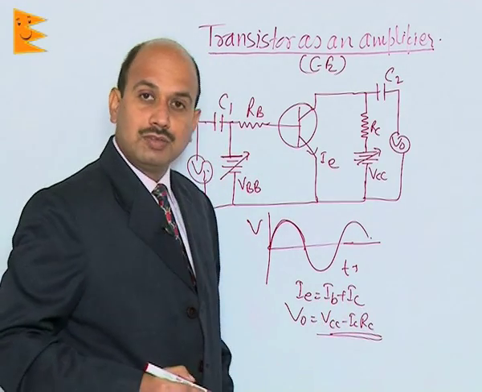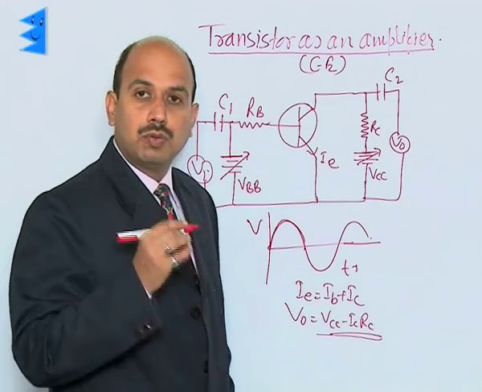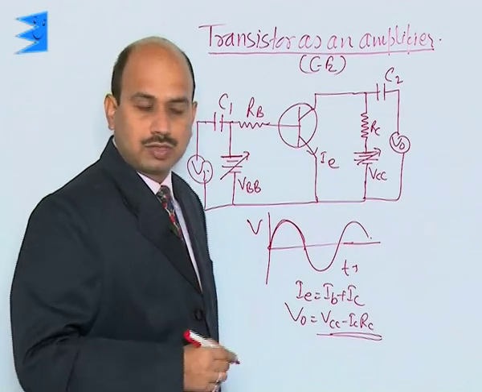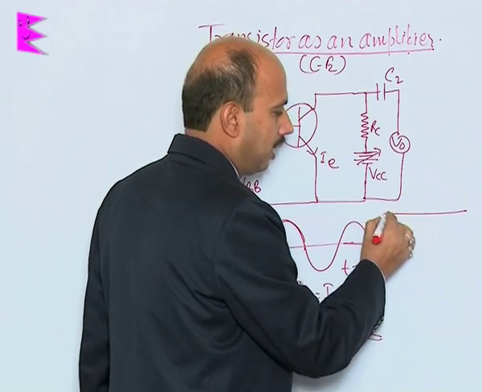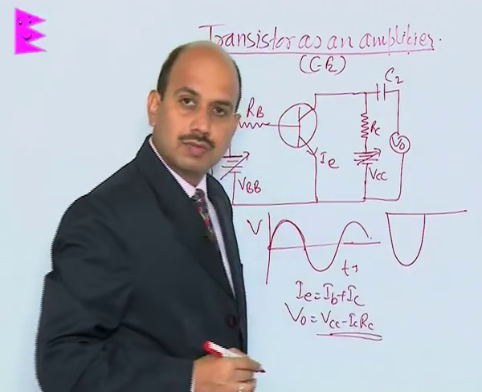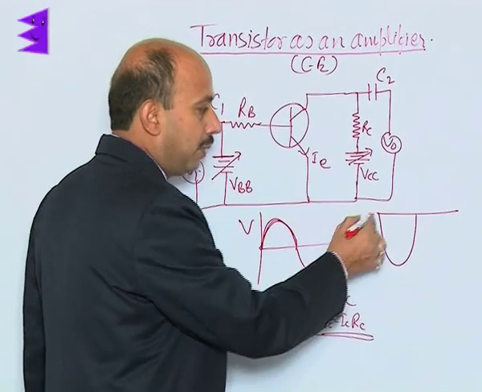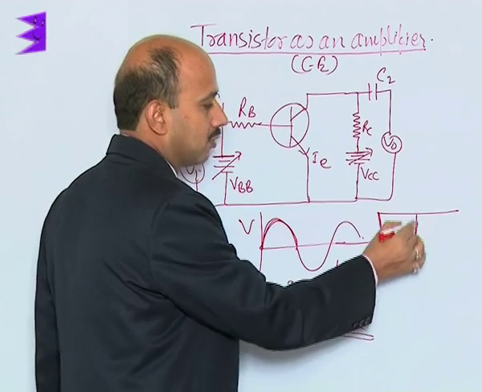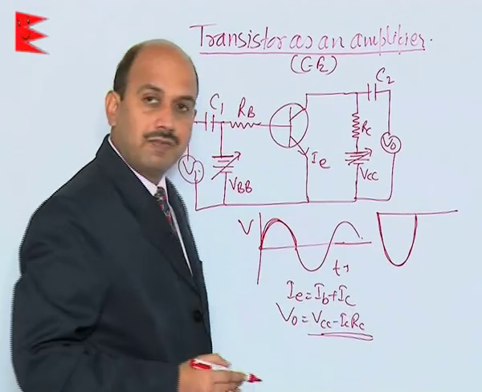When the output voltage decreases and its reverse biasing is with the positive, it means the output voltage becomes less positive. So we can show with the graph the output voltage in this way, it is less positive. Here we have applied the positive half cycle like this, but the output we are getting is like this.